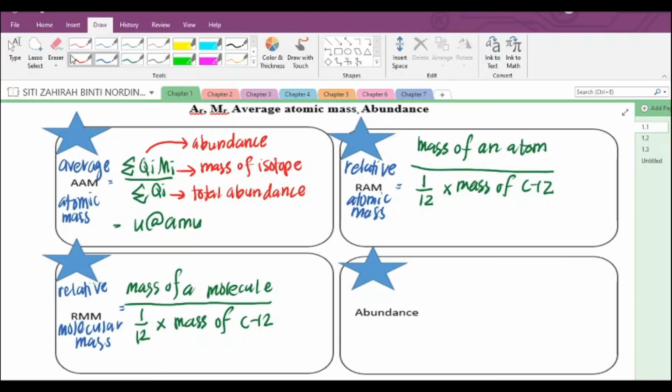For both relative atomic mass and relative molecular mass, you are relating two masses. The mass of an atom has a unit of U, and the mass of carbon 12 has a unit of U as well. So cancel off this U unit, so you are left with no unit.